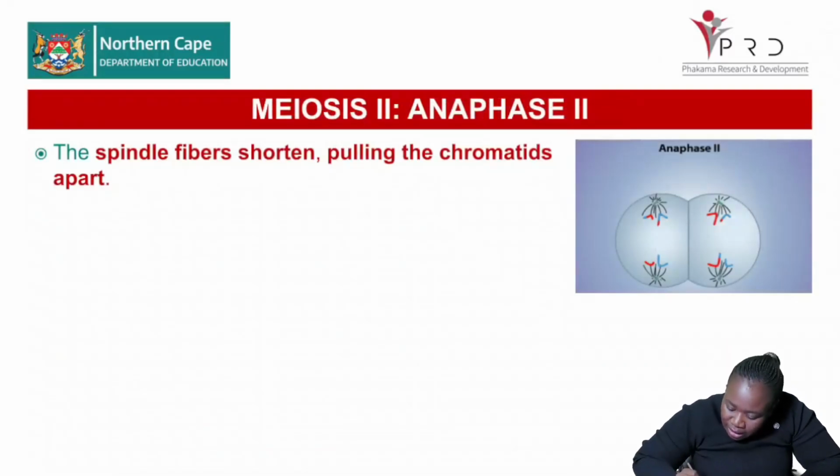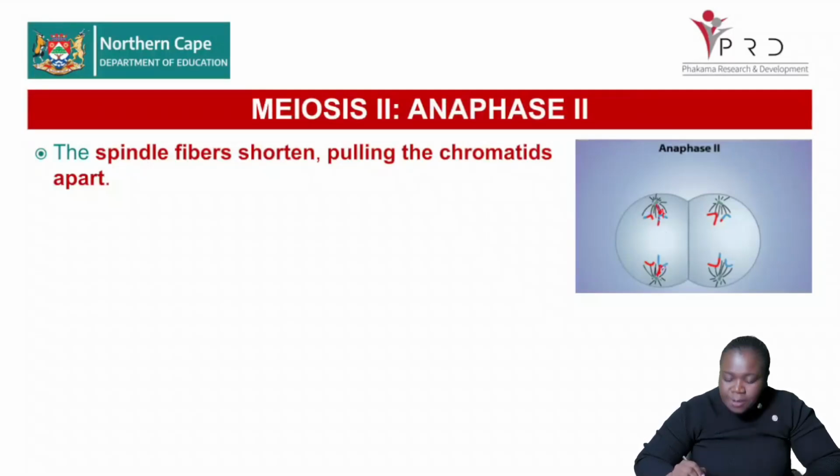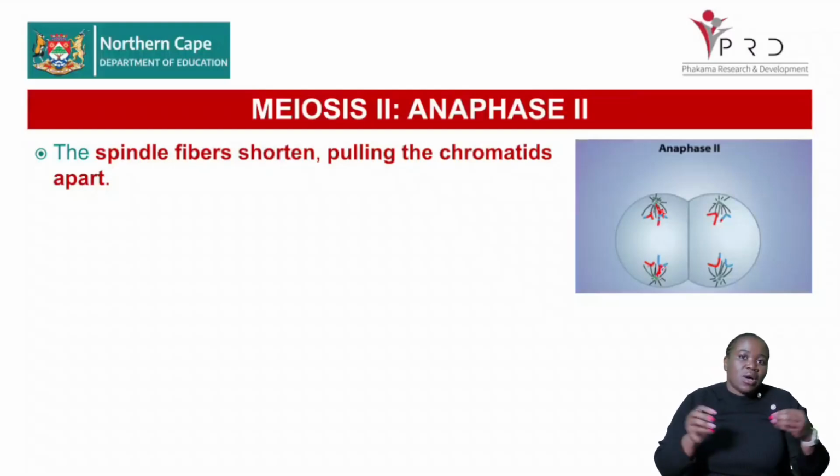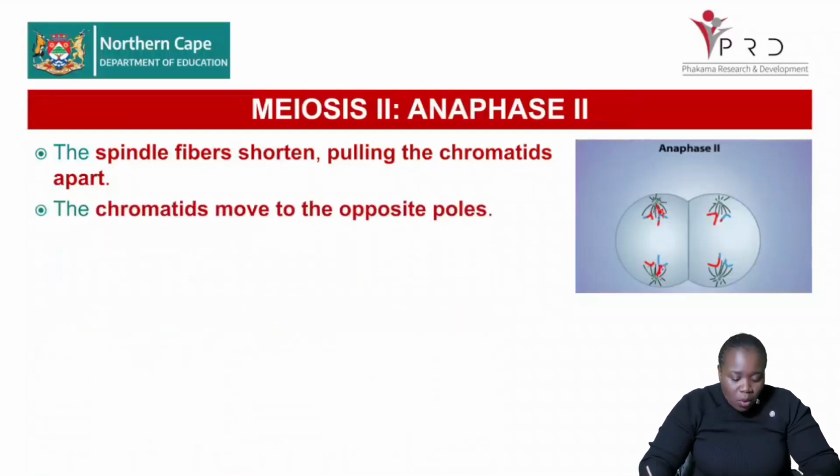So you can see here, this is the chromosome, the chromatid, and this is another chromatid. They were attached to each other at the center. But now when the spindle fibers shortened, they pulled the chromosomes apart. Right? Also on this side, they pulled them apart, and each chromatid now was pulled to the opposite poles.